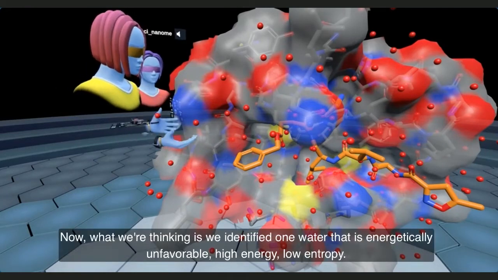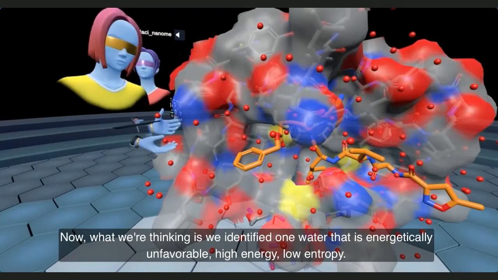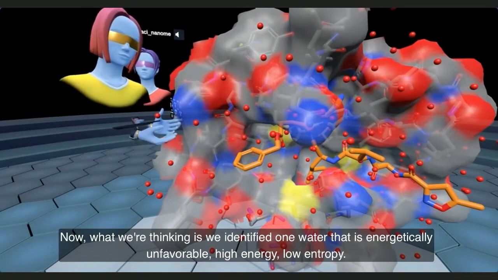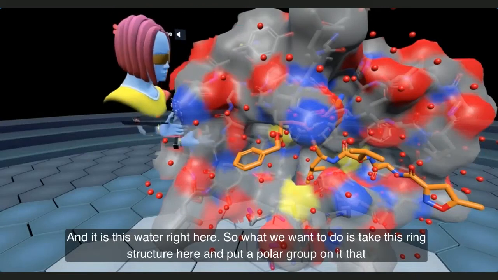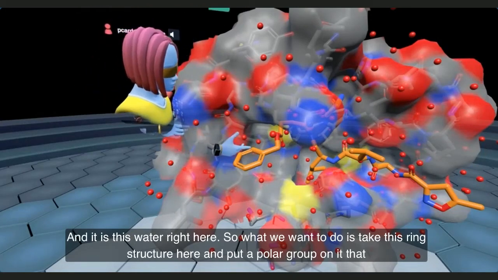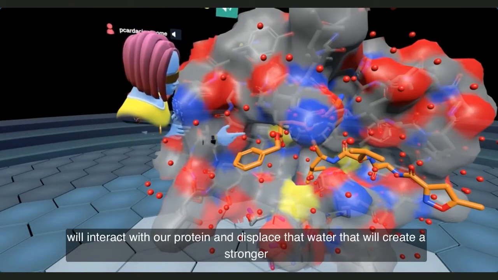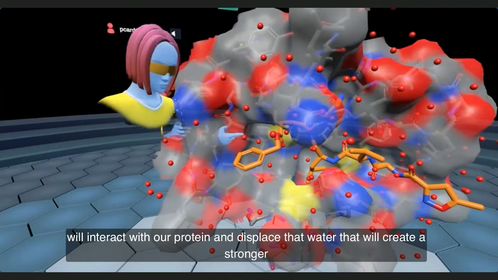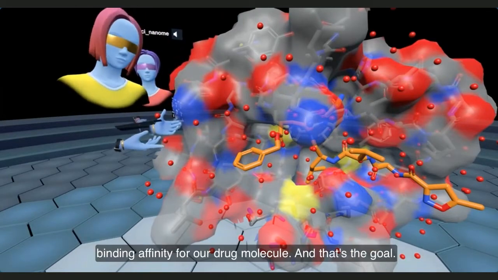We've identified one water that is energetically unfavorable, high energy, low entropy, and it is this water right here. So we want to take this ring structure and put a polar group on it that will interact with our protein and displace that water. That will create a stronger binding affinity for our drug molecule.